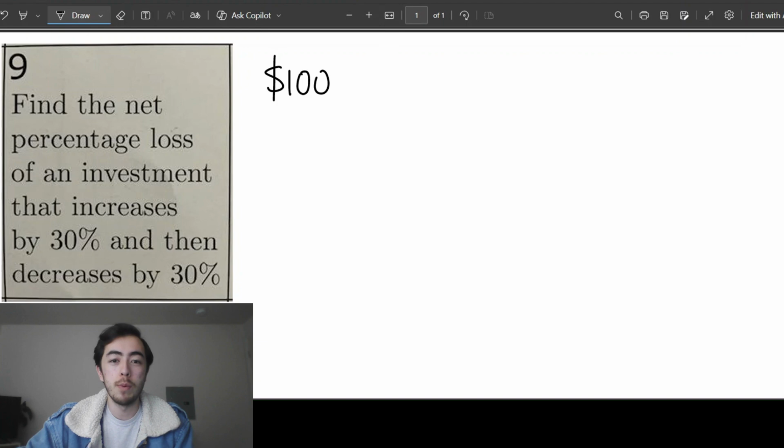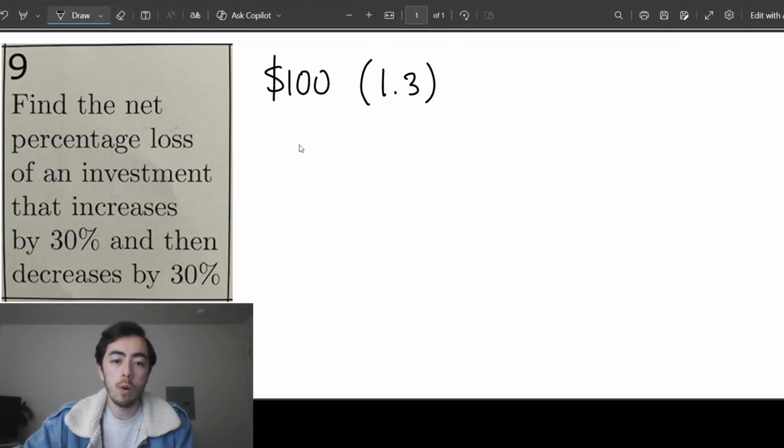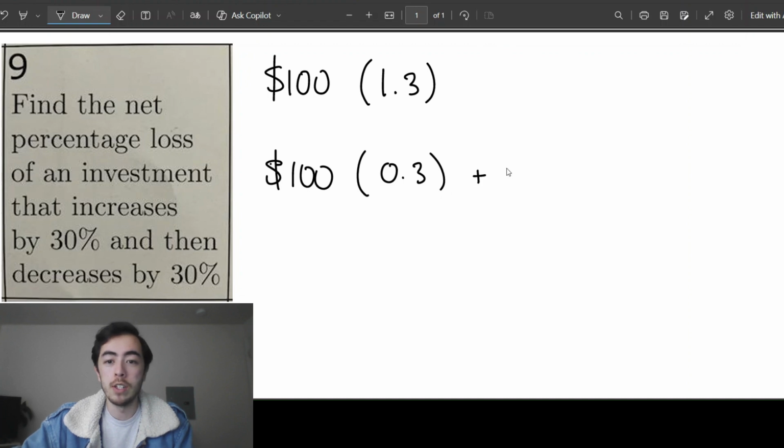So if we do a 30% increase, we can do one of two things. Either we could just multiply by 1.3, or 1.30. This right here is the same 30 as the 30% increase. This is my preferred method. Or you could think about finding 30% of your initial investment. We could multiply by 0.3 for that, and then just add it on to the original amount.